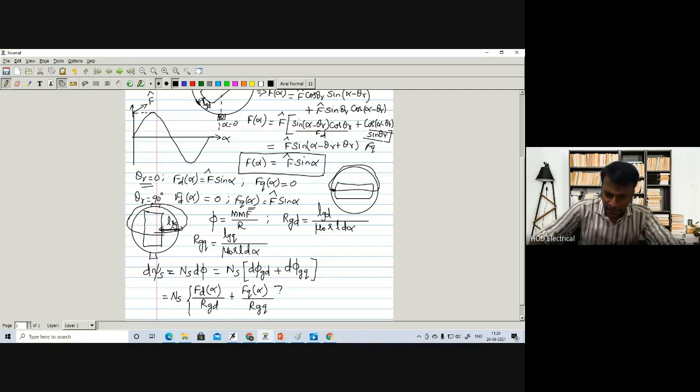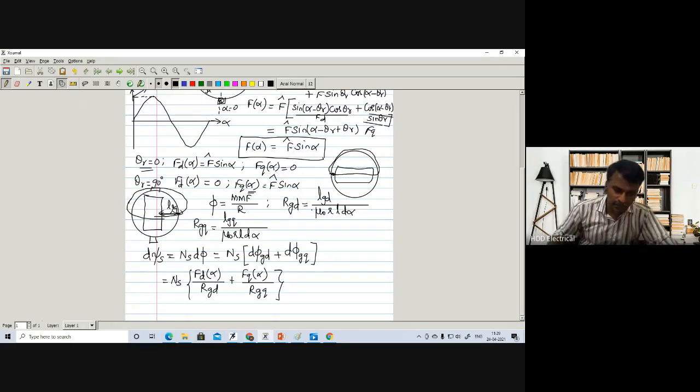The large air gap is along the quadrature axis, and the small air gap is along the direct axis. So d psi s is equal to Ns times Fd of alpha, and we already know Fd of alpha and Fq of alpha. Therefore we can substitute here.